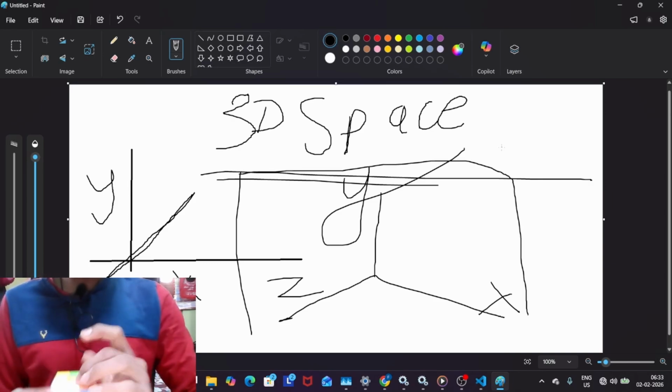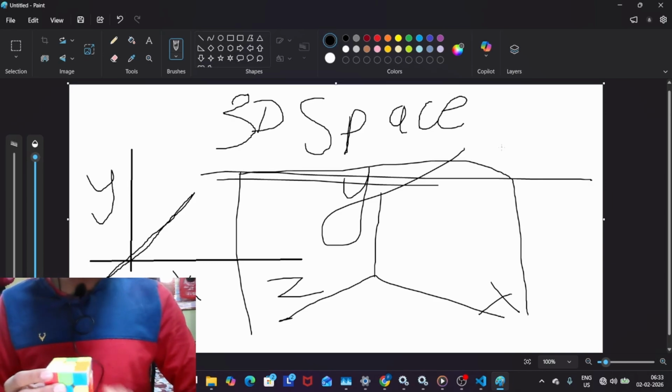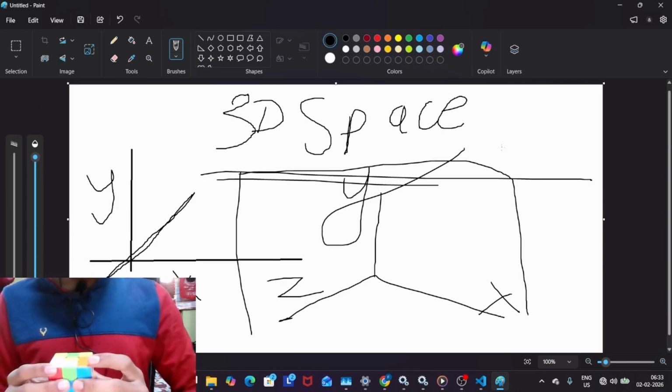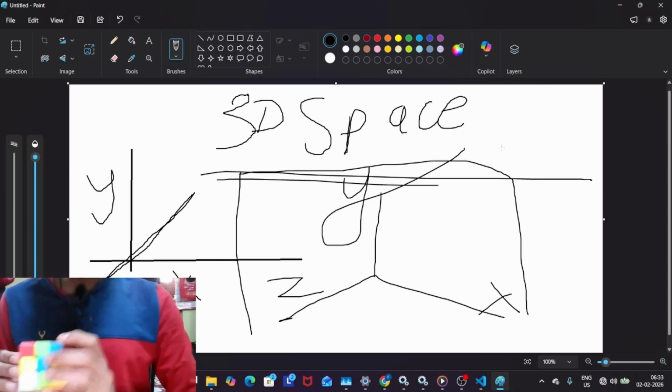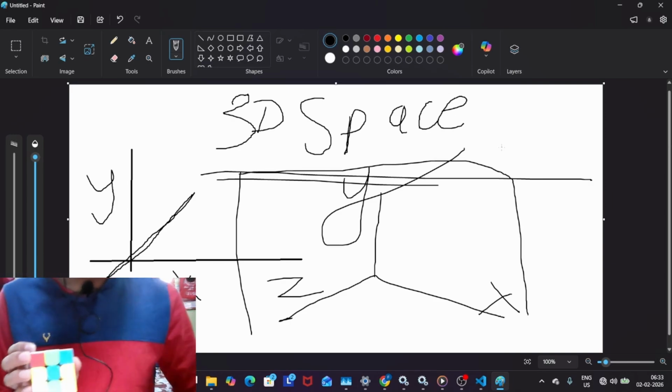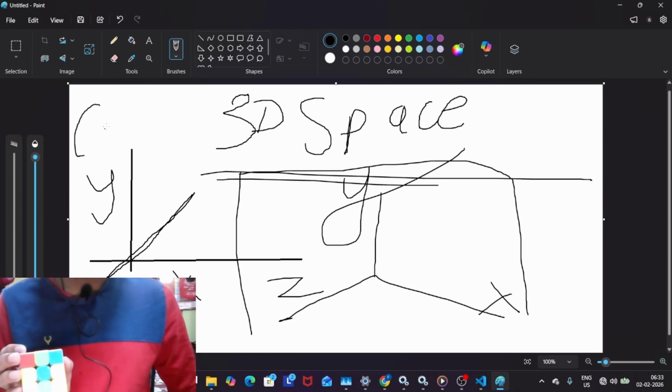So every sticker, or point we can say, is written in the form of x, y, z. For example, this center point would be 0, 0, 0, sorry, the drawing is not good.